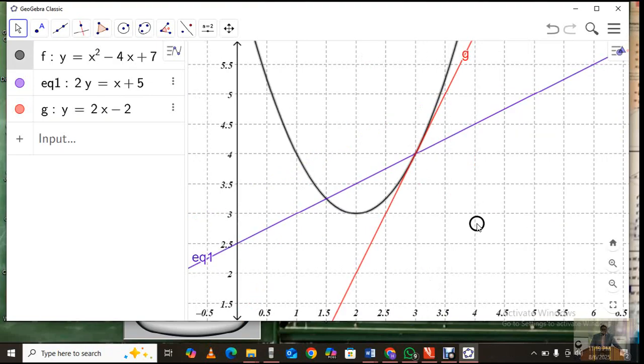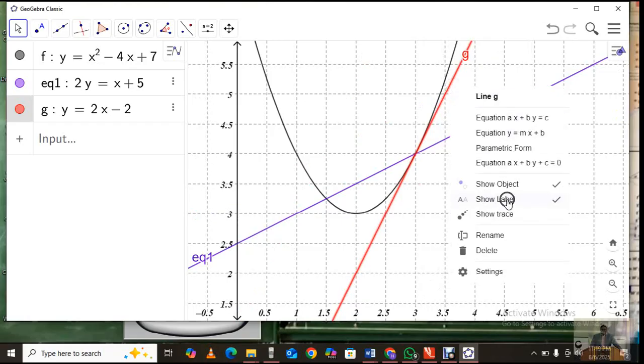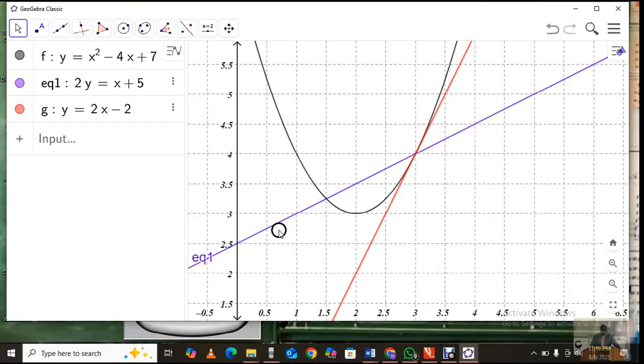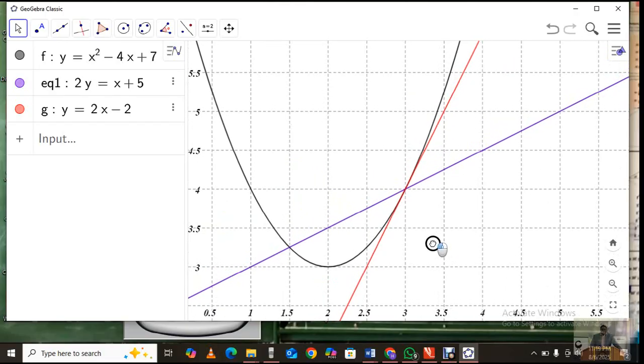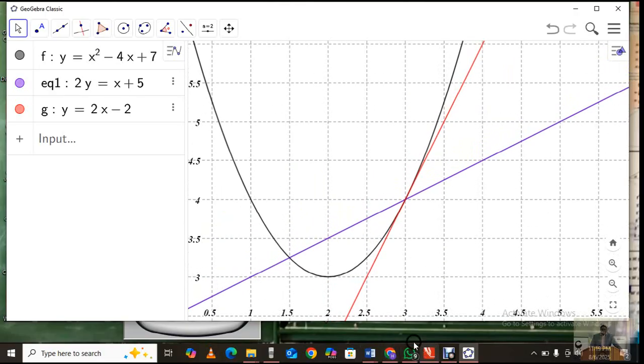Good. Now the red one is the tangent line, and the other one is the equation that we had from before. I'm just going to zoom in a bit so that you can see what I mean. This is the angle that we are looking for.